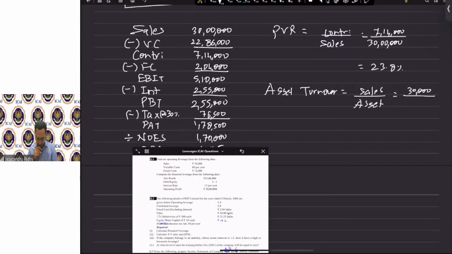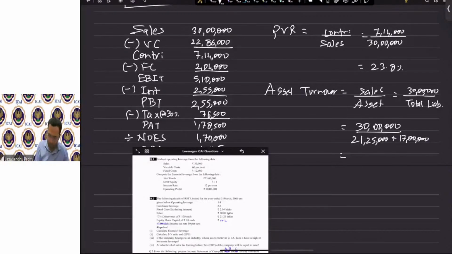Total assets will be equal to total liabilities of the entity, which will be equity and debt: 21 lakh 25,000 and 17 lakhs. 30 lakh divided by 38 lakh 25,000 is 0.78 times.